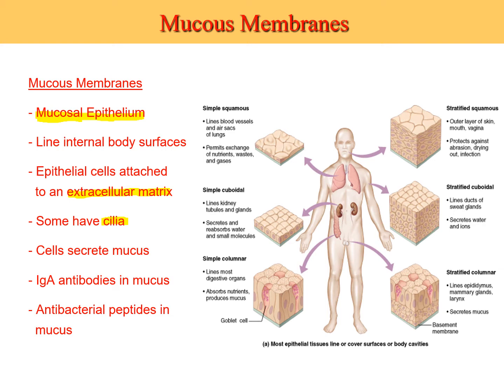The mucus that gets secreted in most of these sites contains IgA class antibodies, so that's added protection, and also non-specific small proteins, peptides, that have antibacterial activity.